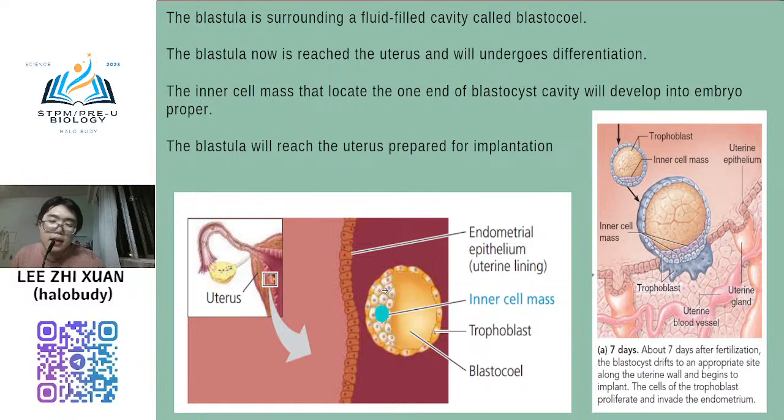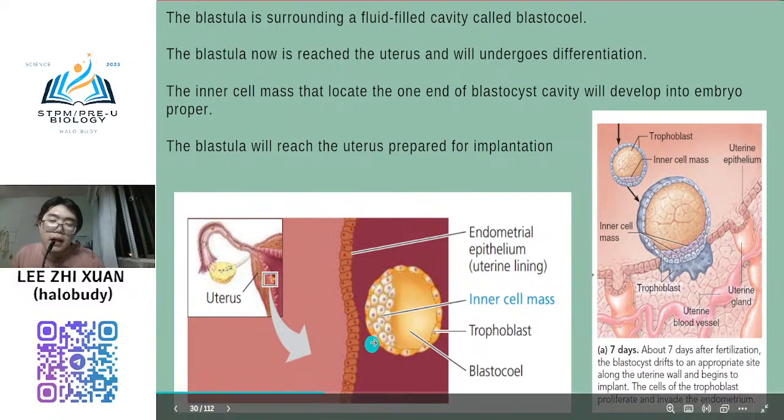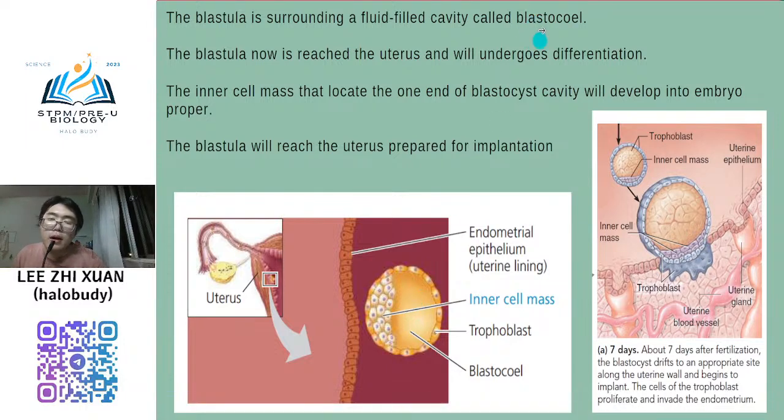There are many cells here that we call the inner cell mass. Only this surrounding we call the trophoblast. And inside the trophoblast, there is also fluid we call the blastocoel. So actually this is fluid.